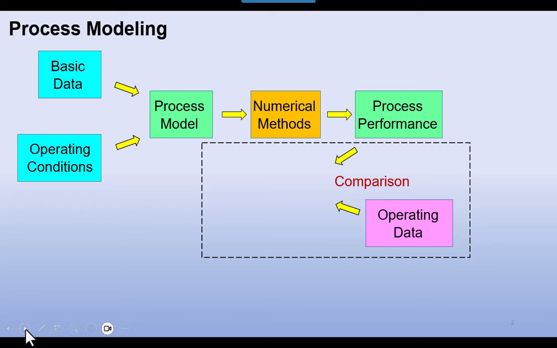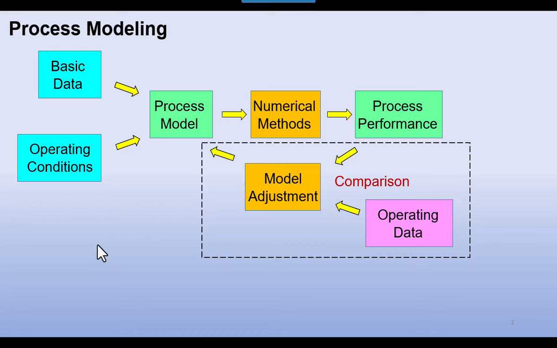These will usually not agree. They may be fairly close, but they may not agree. So we can go into a phase of model adjustment, and that may require statistical techniques such as nonlinear regression. And then we can go back and modify our process model so that the next time we come through this scheme, we have a better agreement between operating data and process performance.